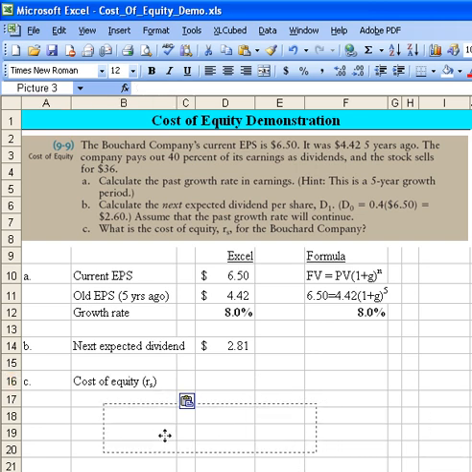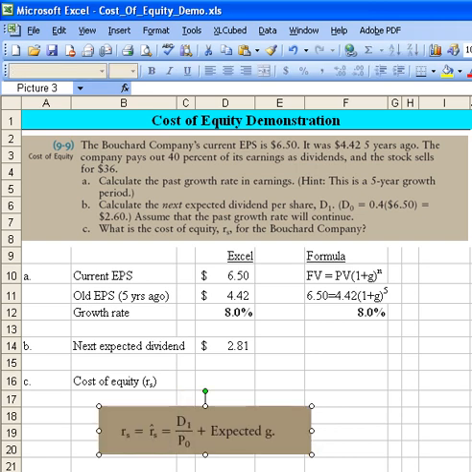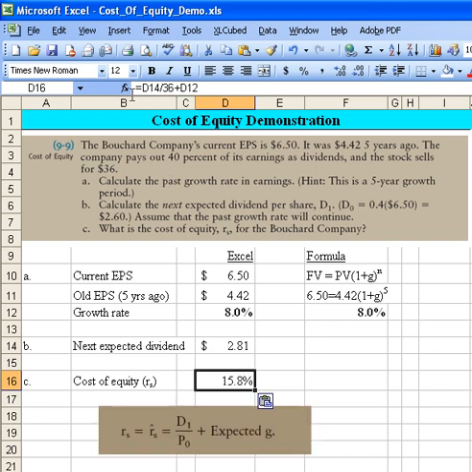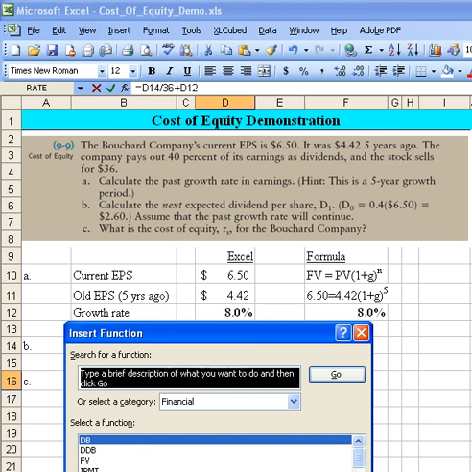The formula that comes from the book appears right there, where the cost of equity is the expected rate of return, calculated as the next dividend divided by the current price, plus the expected growth rate. Now I've worked this one up front, so let me show you the formula of how I reached that answer.